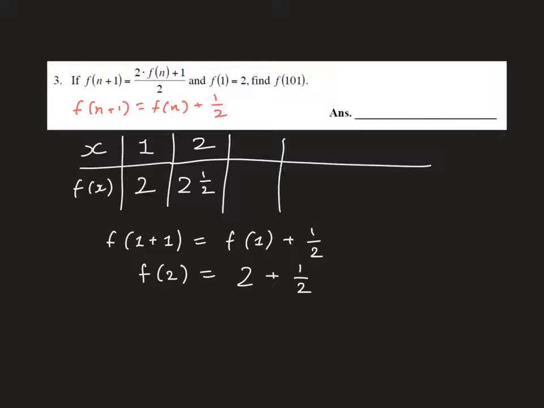And you can see that makes sense because this is some term, and this is the term coming after it, and it's just 1/2 plus the term that came before it. So you can see that we just keep adding 1/2 until we get to 101.